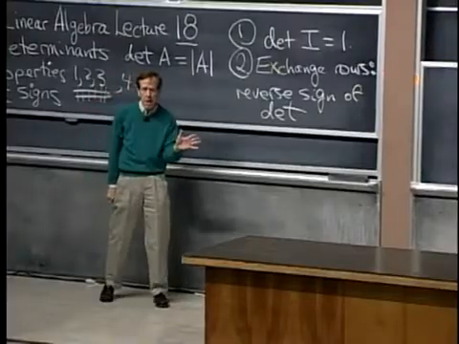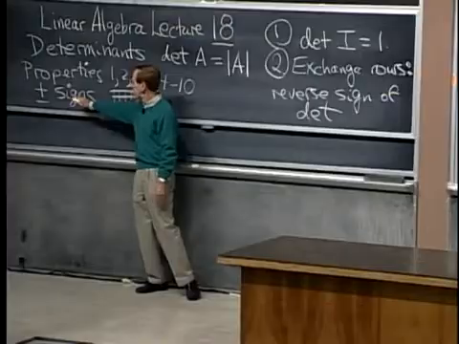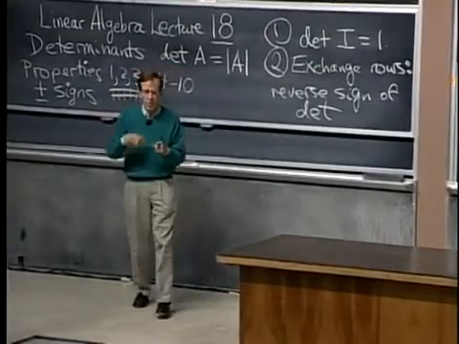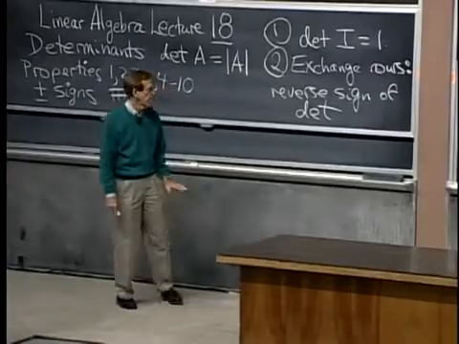A lot of plus and minus signs. I even wrote here plus and minus signs, because that's what you have to pay attention to in the formulas and properties of determinants.